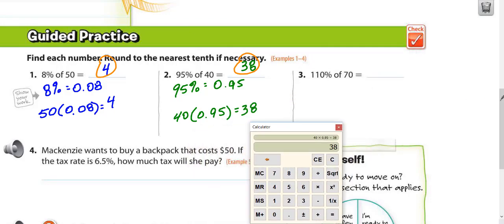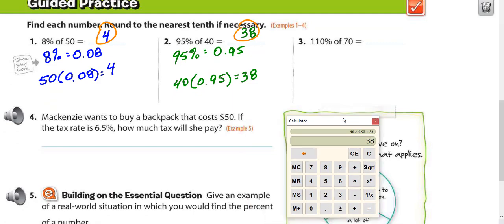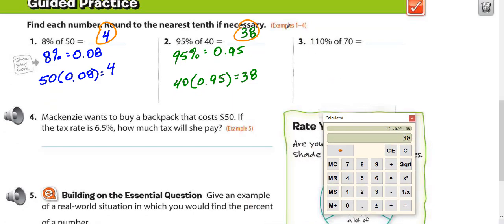Number 3. 110%. Is this answer going to be more or less than 70? Has to be more, because 110% is greater than 100%.